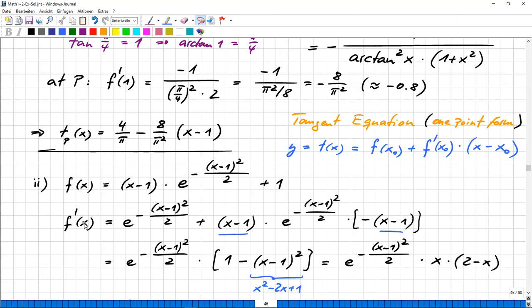It doesn't matter at all for the first derivative, right? So f prime of x this time will be first factor differentiated gets us 1. So the second factor remains e power negative, parentheses x minus 1 squared over 2. That's it, the first part of the product rule.